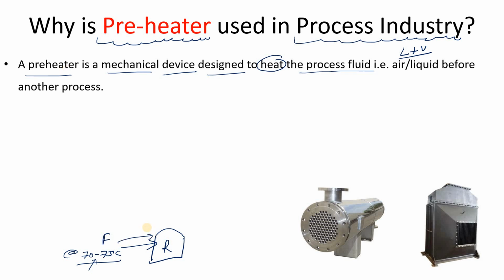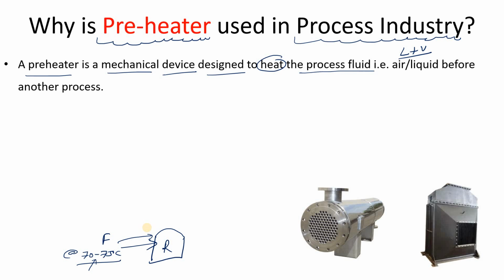Simply, if it will heat the process fluid, it will require some hot fluid, right? That hot fluid could be waste heat, it could be condensate, it could be steam as well in some cases, but most of the time we use the waste heat, and we utilize that waste heat here. So we improve or save the energy, right?